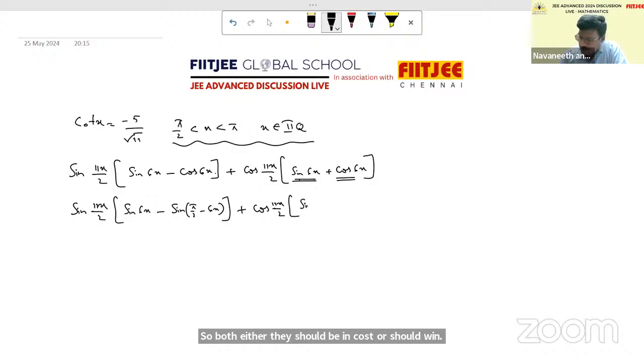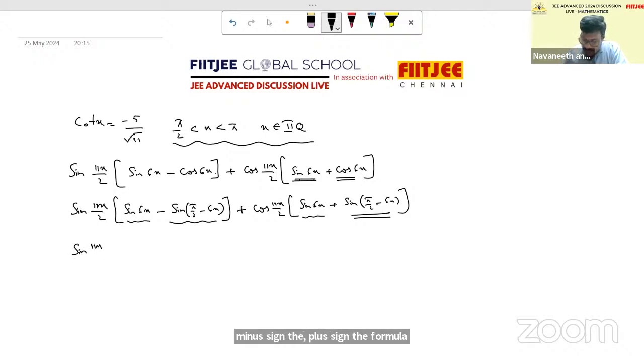Let me take this as sine 6x, and in the same way I'll convert this to sine (pi by 2 minus 6x). That means I converted it in terms of sine. Here I'm going to use the sine c minus sine d formula, and here the sine c plus sine d formula.